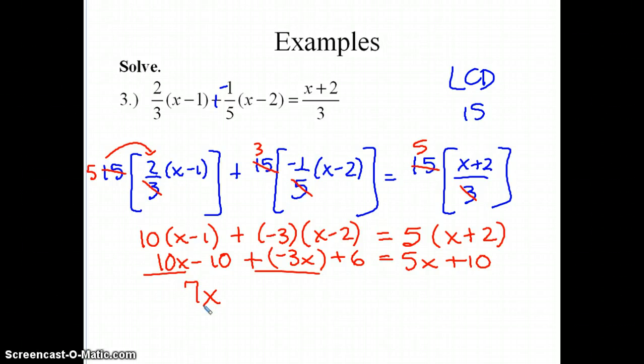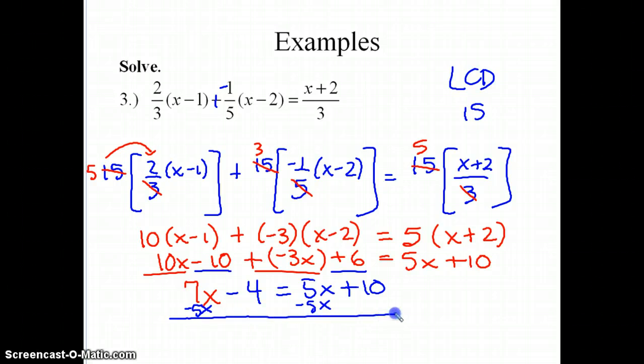I then also have my like terms of negative 10 plus 6, and that leaves me with minus 4 is equal to 5x plus 10. Now, I want the x's together, so I'm going to move my 5x by subtracting 5x from both sides. That eliminates it from the right side, leaving me with 2x on the left. Minus 4 is equal to 10.